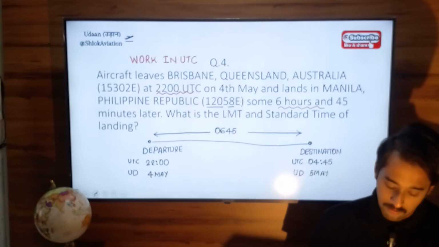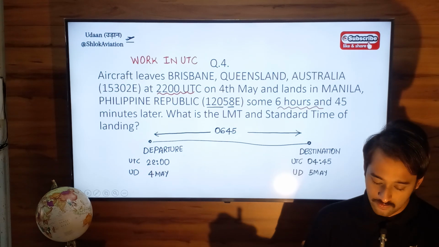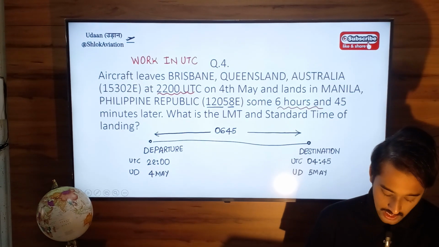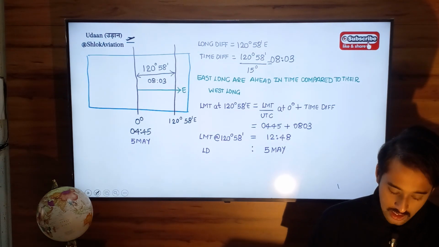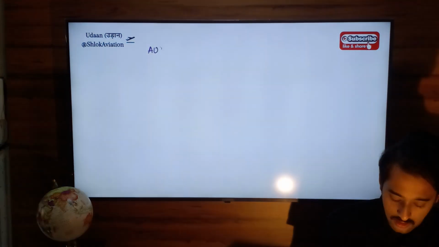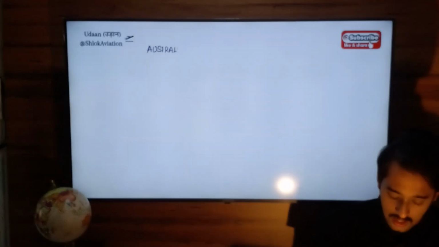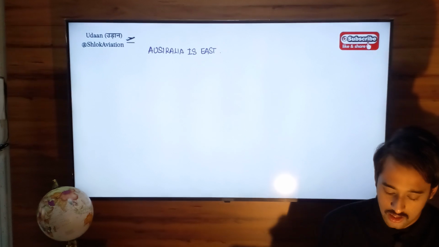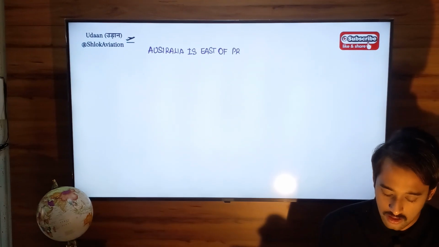Now let's find the second part of the question, standard time. According to the standard time, what will be the timing? Australia is to the east of the prime meridian.